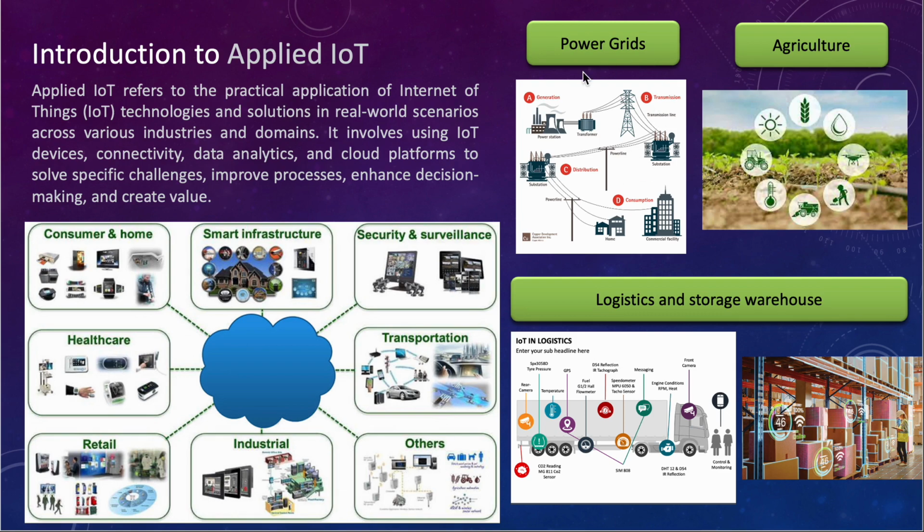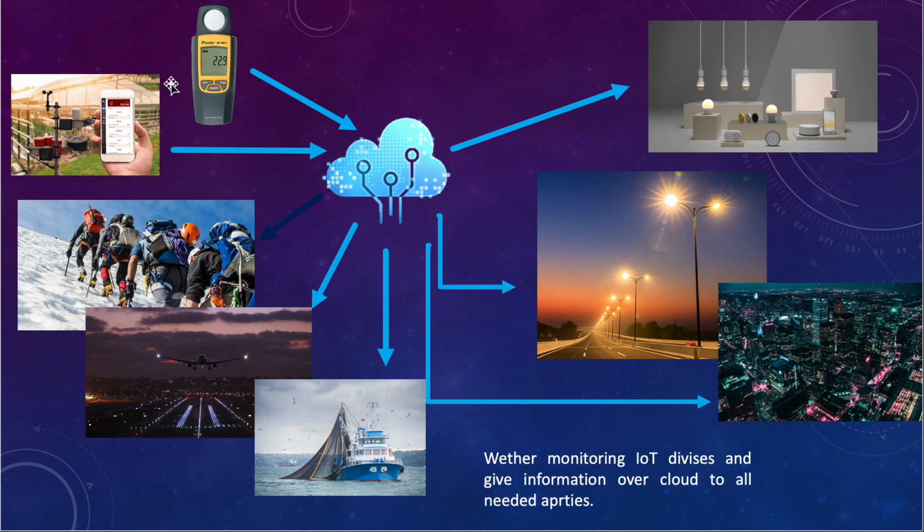Others would include logistics, transportation, warehouses, agriculture, power grids, and so on. We talked about how IoT can be applied in each and every domain. We looked at examples of how a specific set of IoT devices, and the information created by those devices, can be used in different domains and activities.